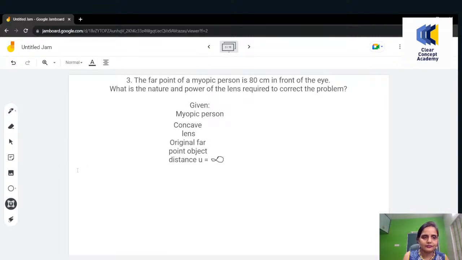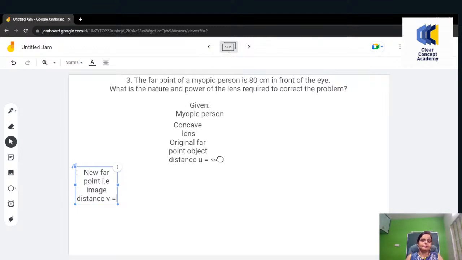So the new far point is nothing but the image distance.